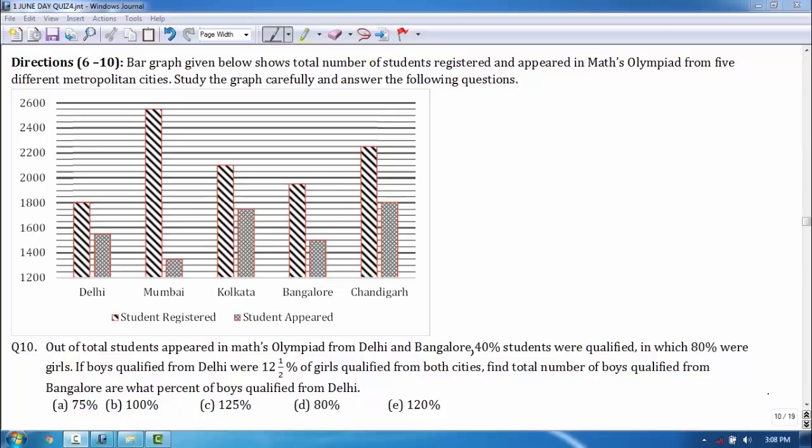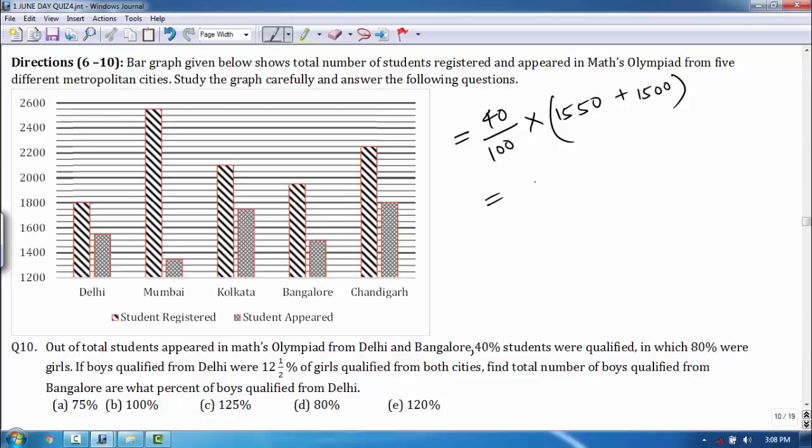The total number of students qualified in Maths Olympiad from Delhi and Bangalore is equal to 40% of 1550, this is the number of students who appeared from Delhi, plus 1500, that is the number of students who appeared from Bangalore.